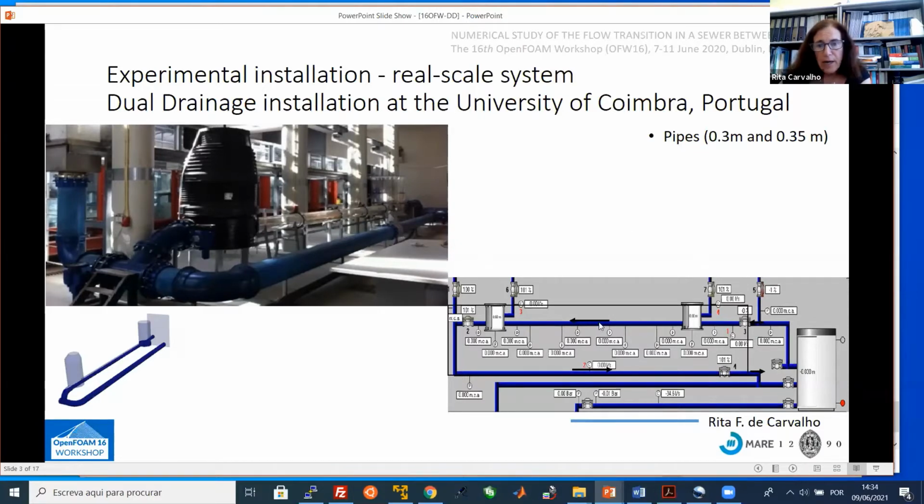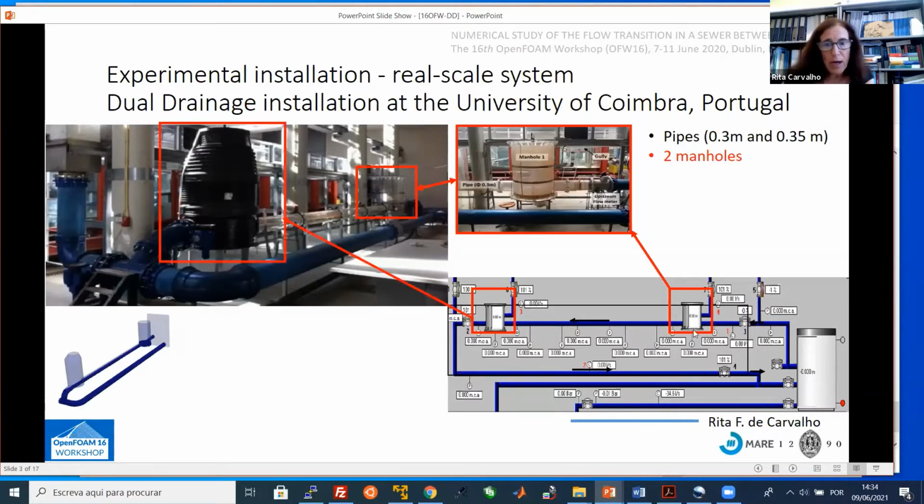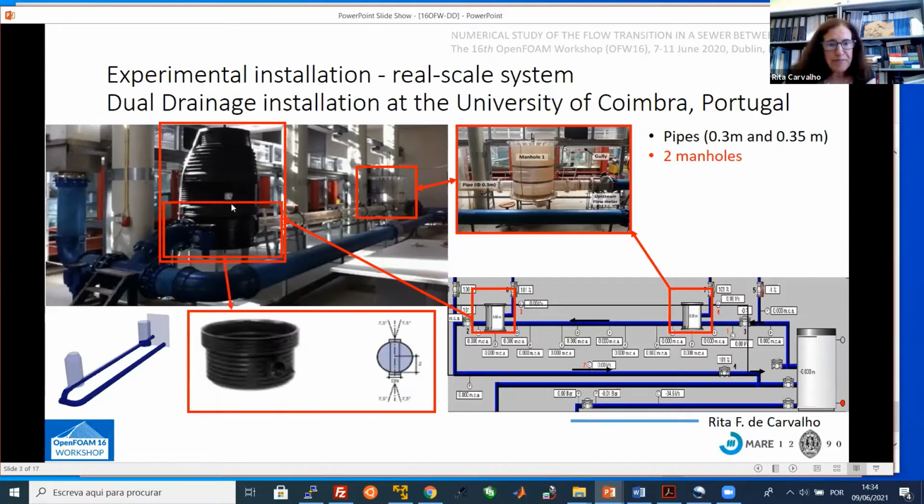And the pipes are, that one has 300 millimeters diameter, and the others 350 and a half. Okay, so these are the two manholes. One is acrylic to see the flow inside, and the other is a commercial one in plastic. This part has a detail: a pipe here where the water goes in a half pipe inside the manhole.